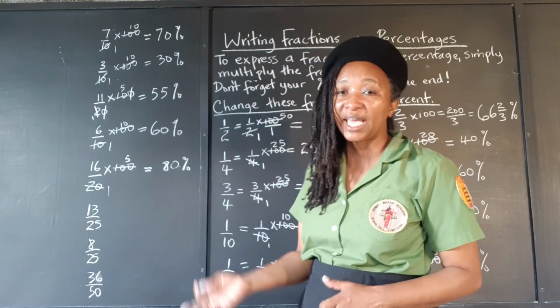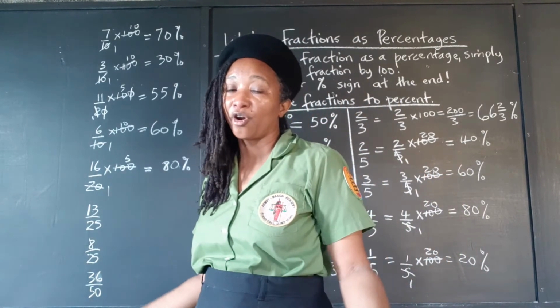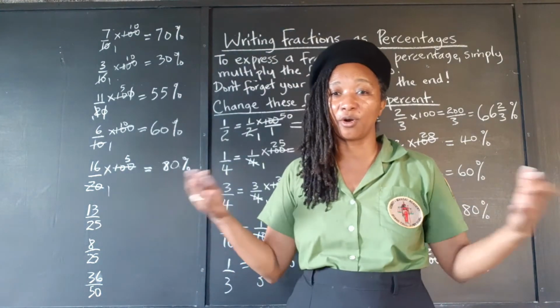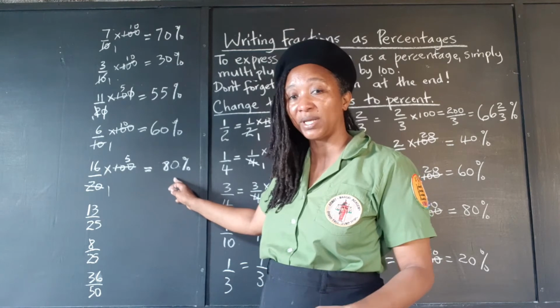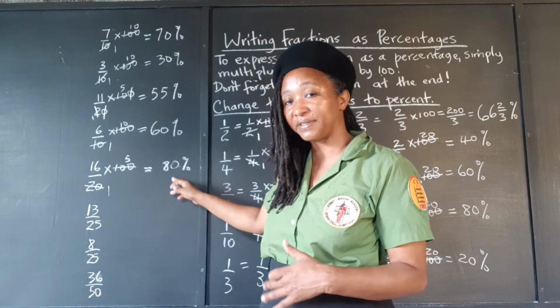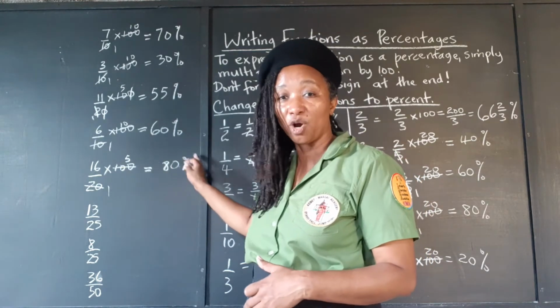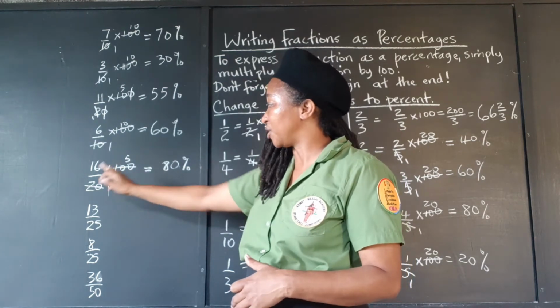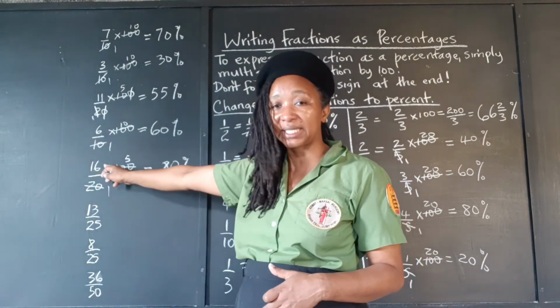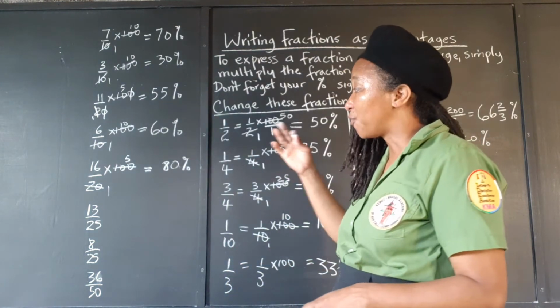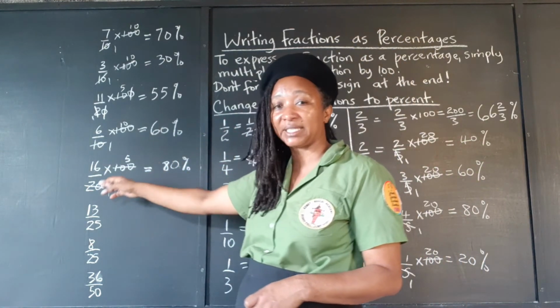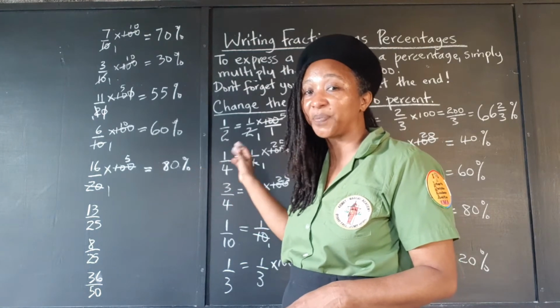If you lose 80% of your earnings or your toys or your whatever, you have 20% remaining, because you take the 80 from the 100. So if you have 20 things and you lose 16 things, you have 4 things left. So that 4/20 that's left then is the same as saying 20% left.